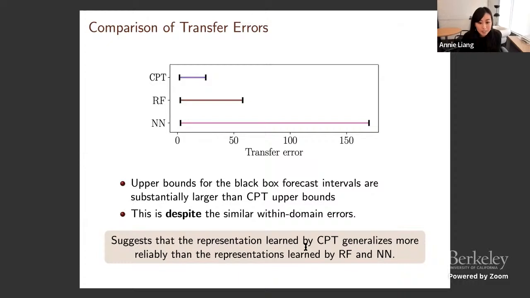And moreover, the representation learned by CPT seems to be generalizing substantially better. So for this new domain, we can be pretty certain that the transfer error is going to be in this range. For the black boxes, there's a possibility it's much larger.